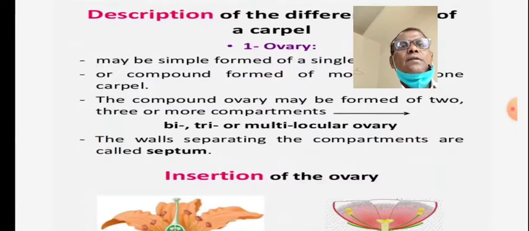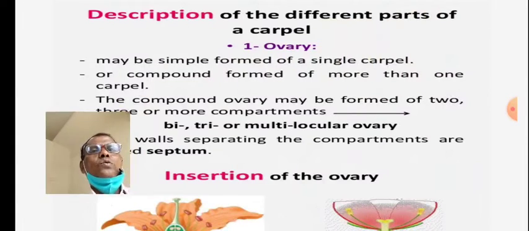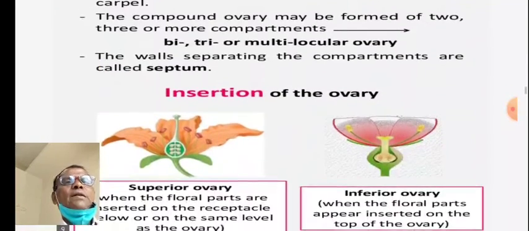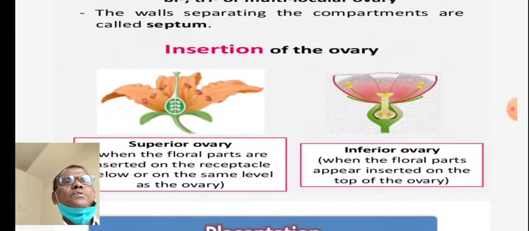The ovary is simple when formed from a single carpel, and when more than one carpel fuse, they form bi-, tri- or multilocular ovary due to the compartments of the ovary. You observe the photographs here.